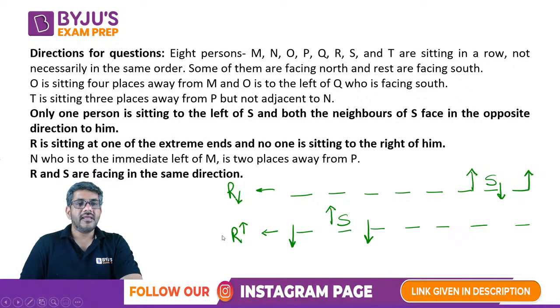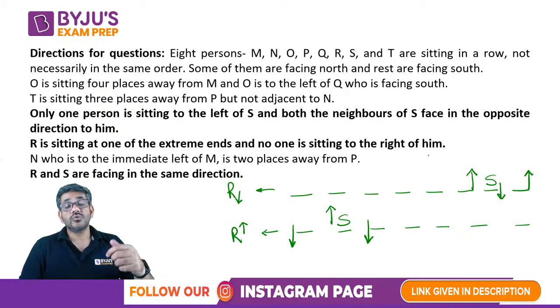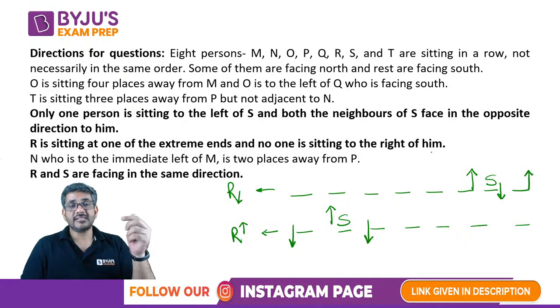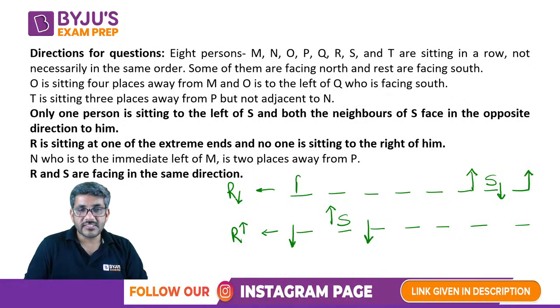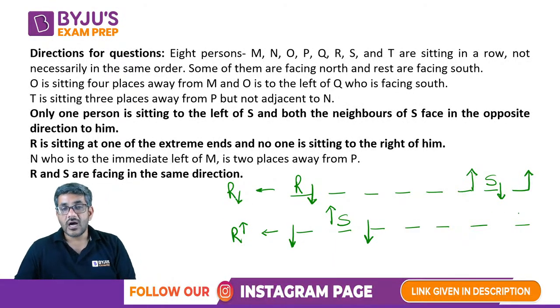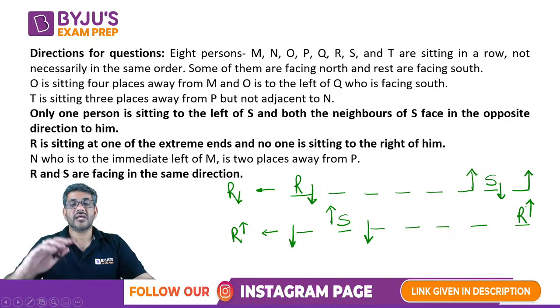Next information is that R is sitting at one of the extreme ends and no one is sitting to the right of him. He is at an extreme end and has no one on his right. Because in the first scenario R is facing south, he must be sitting here so that no one is to the right of him, because his right would be in this direction. Similarly, in the second scenario, R should be here because he is facing in this direction, so that no one is to his right.